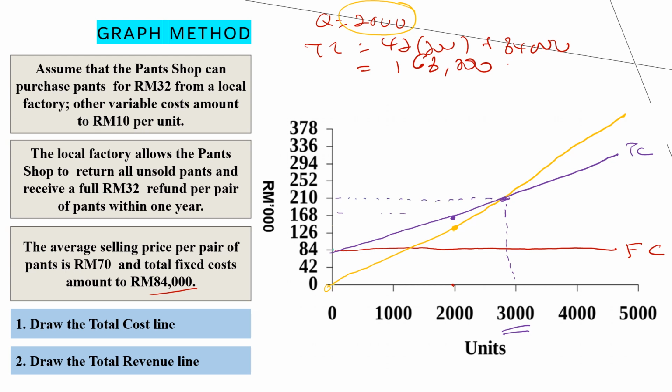So this is your break-even point. This is how you can use the graph in order to get the number of units for your break-even point.